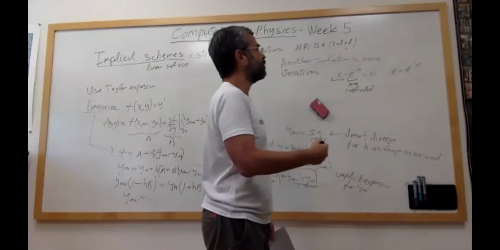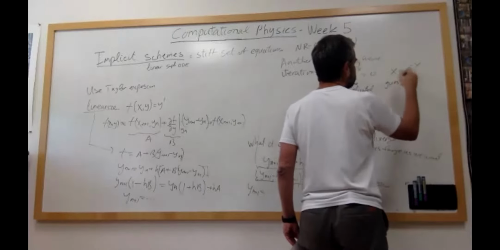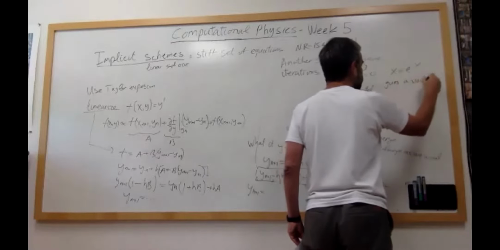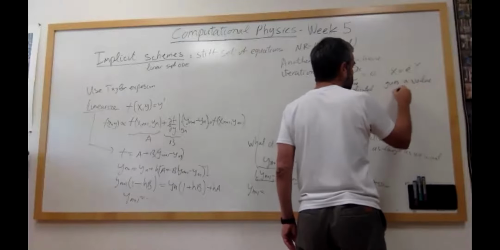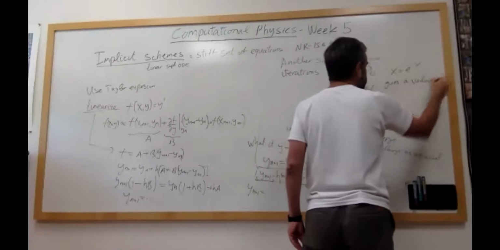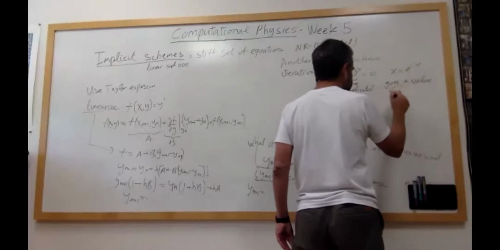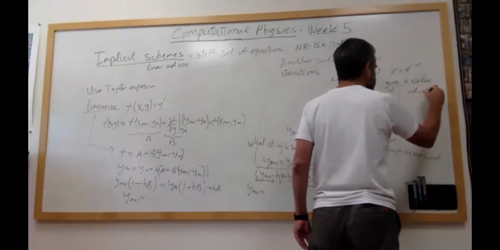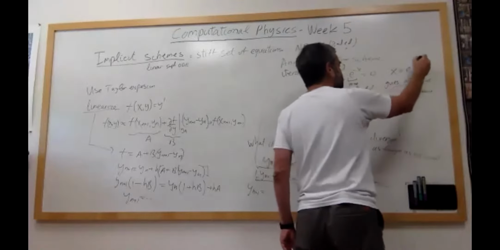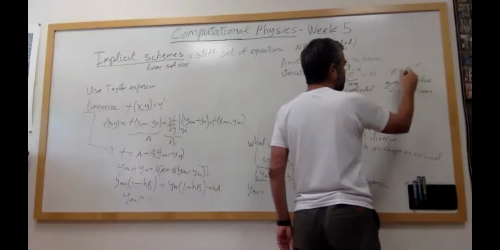So how do we do it by iteration? We first guess a value, let's say 0. So this is the value that we guess, and this is the outcome.